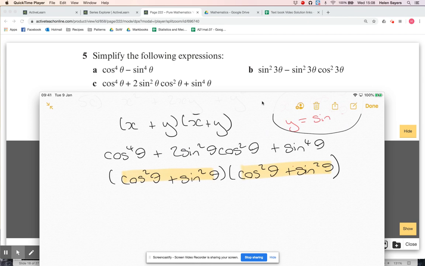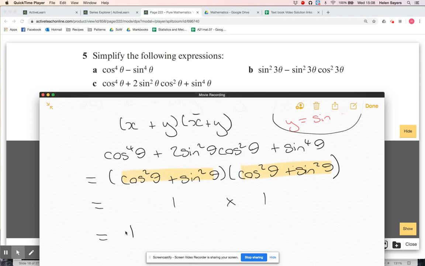So basically, what we've got there is 1 times 1. So that whole thing started off as a bit of a nightmare. It actually simplifies all the way down to 1.